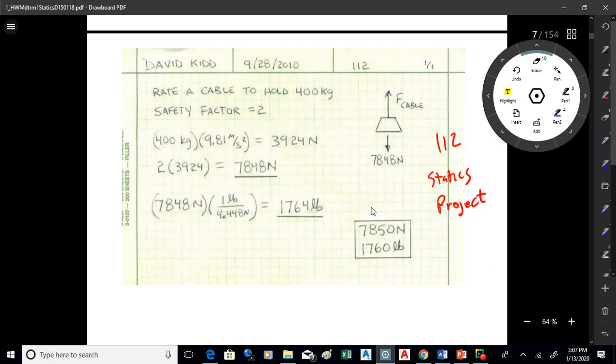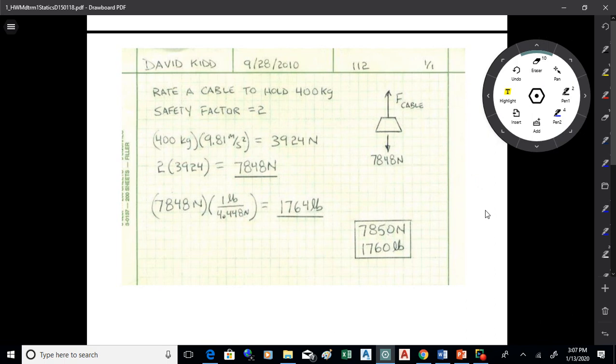All right, so that's what I'm looking for there on homework: your name, the date, problem number, and page number. I want a sketch. A straight edge is a good idea. It cleans up the sketch and makes it look reasonable. Problem statement. And then the one thing on this, when you come up with the answers, put them all down at the bottom in a box so I can find them.